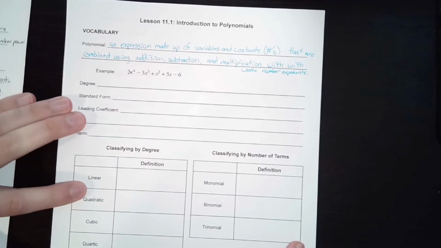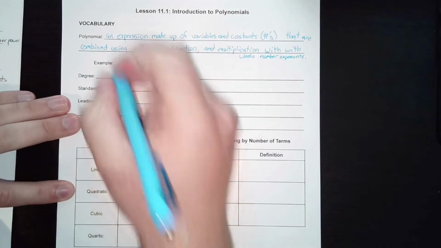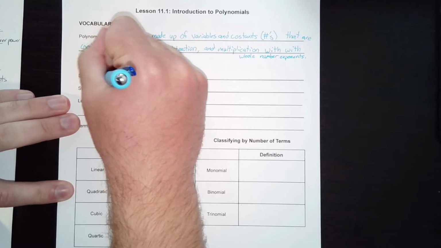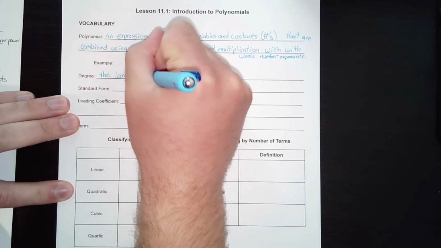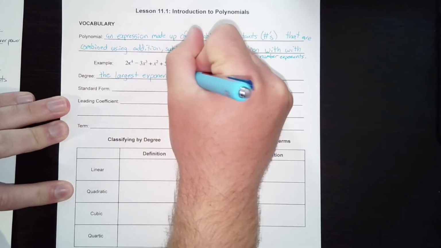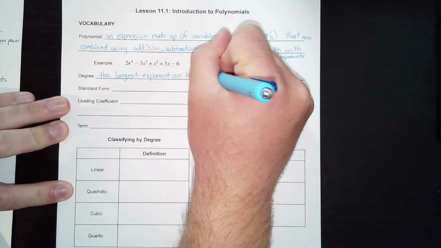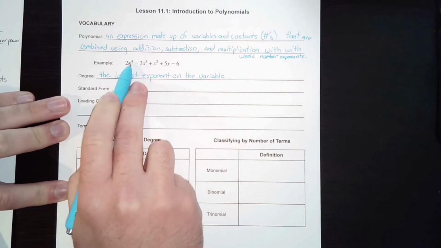Okay. One of the most important things we talk about when we talk about polynomials is what we call the degree. This is the largest exponent on the variable. Okay, so if we use our example that's here, my largest exponent is the 4.